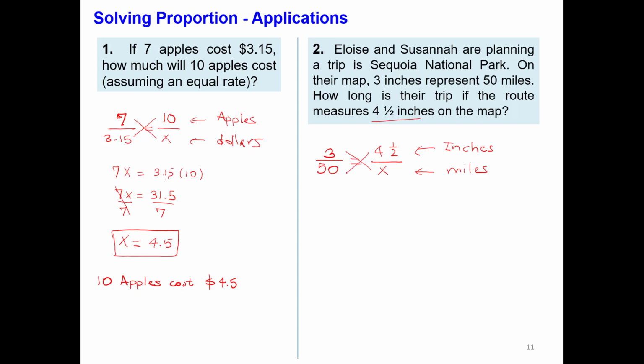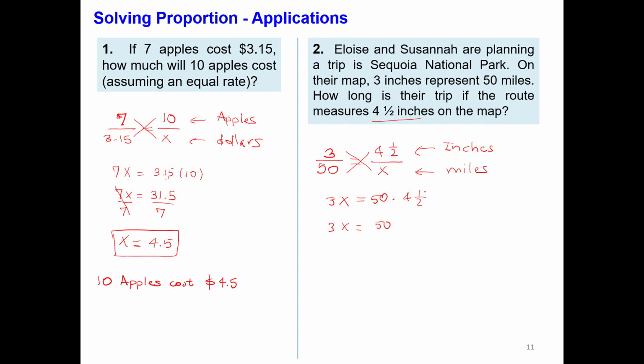We apply the cross product, and then we will have 3x, 3 times x is 3x, equals 50 times 4.5. Then let's solve what we have on the right side of the equation. 3x equals.